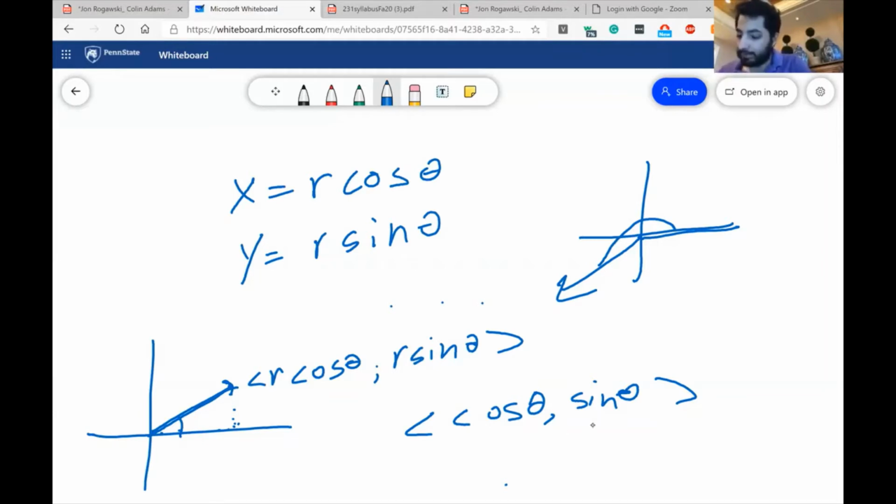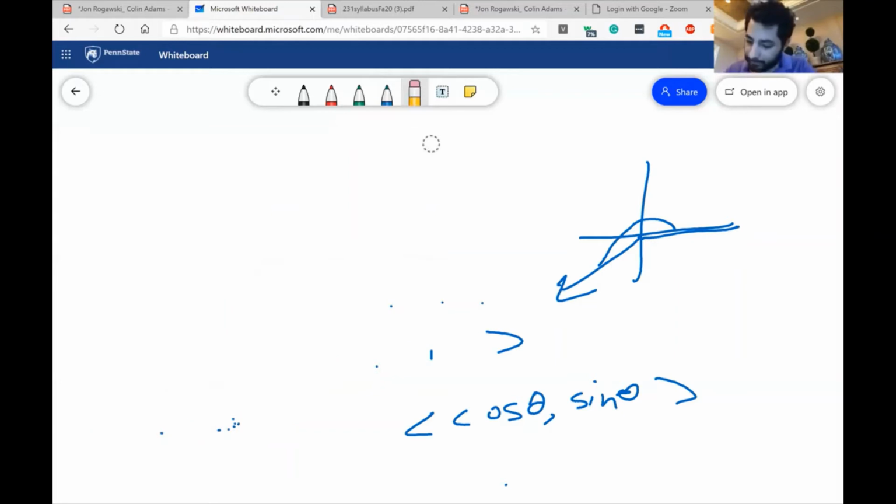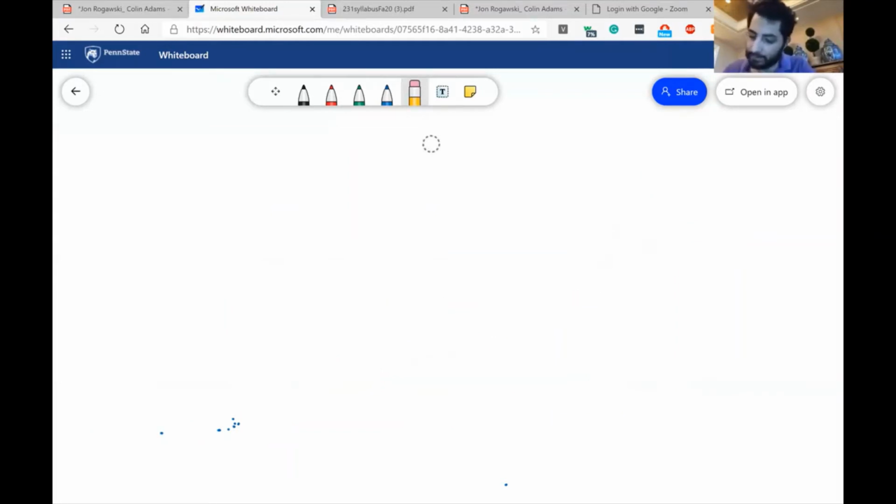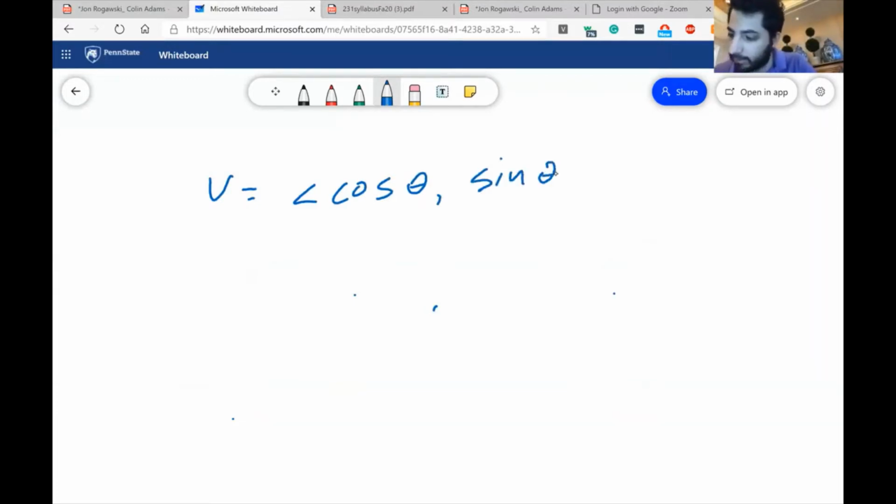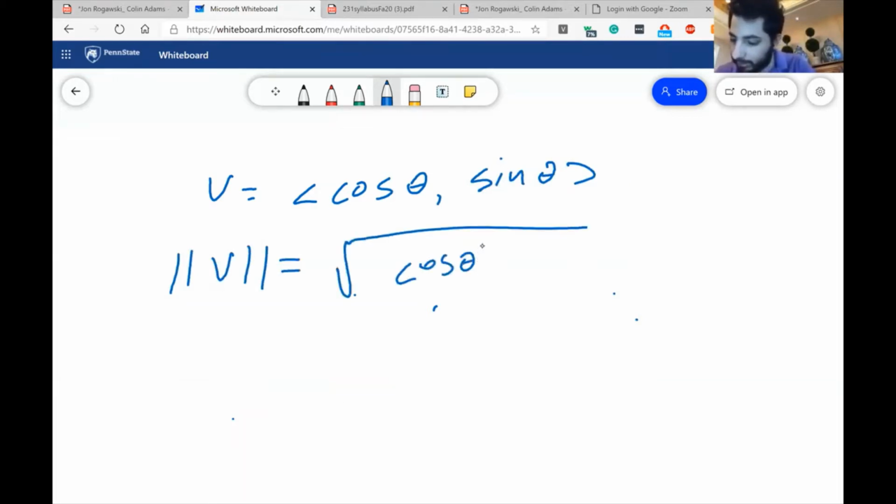And in fact, the length of this vector is 1, because if my vector is (cosine of theta, sine of theta), then its magnitude is going to be the square root of cosine of theta squared plus sine of theta squared, and this is going to be the square root of 1, which is going to be 1.